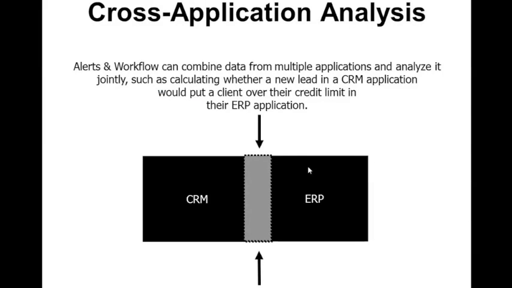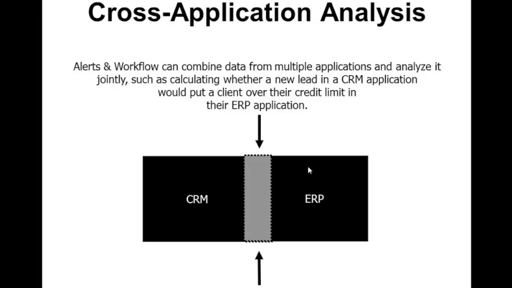Cross-application analysis, I should have known better. I knew there'd be a couple more things to talk about, is the ability to combine data from multiple applications and then see if certain conditions exist. I'm assuming that everyone on this call has an ERP or accounting and manufacturing system, but how many of you also have a sales or CRM system? And do those systems talk to each other?